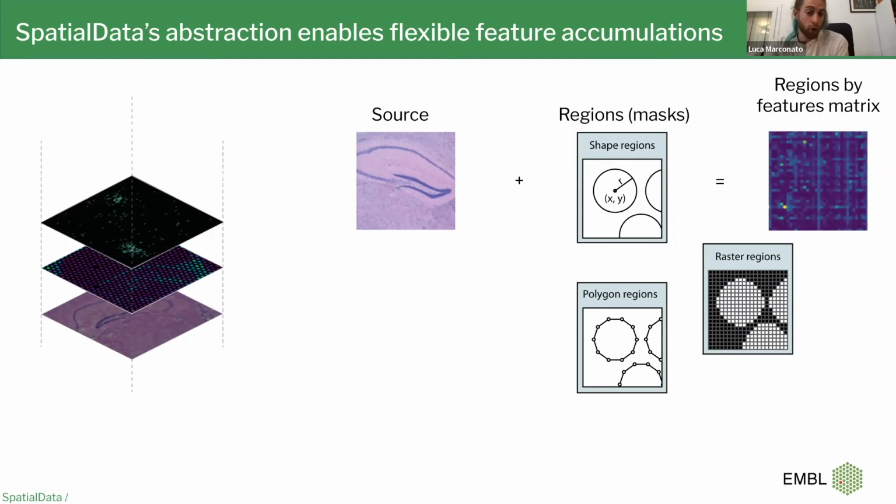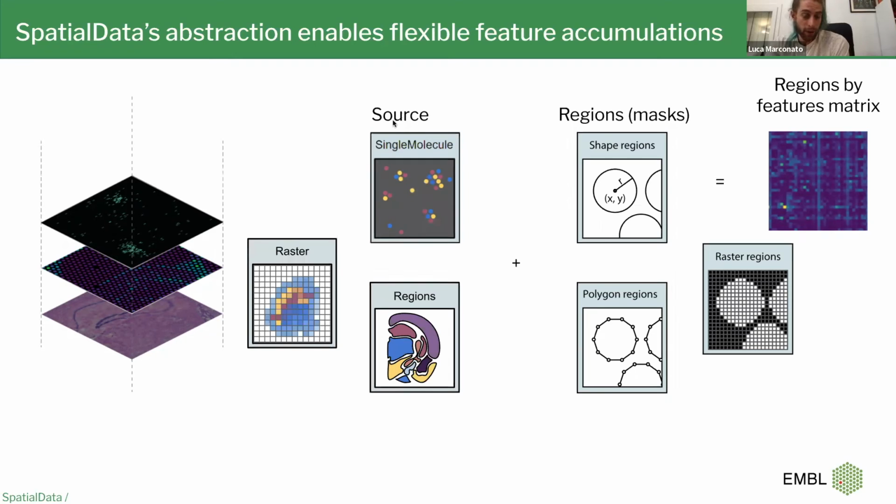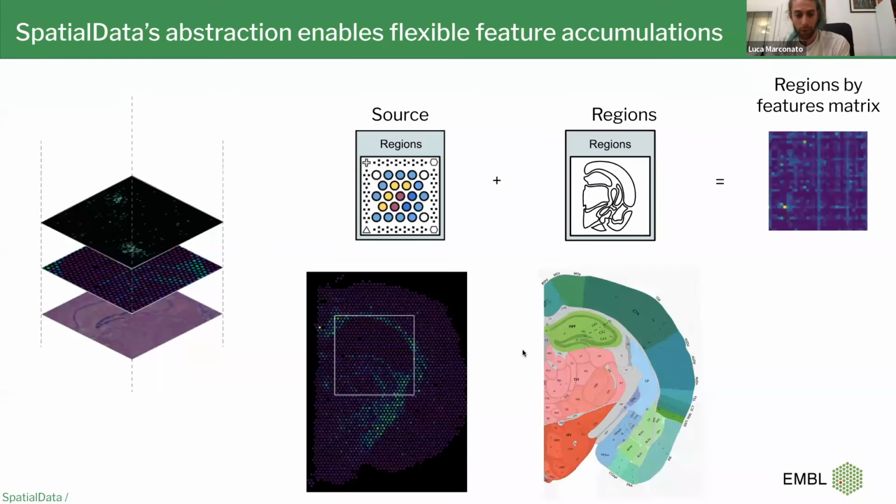And a more complex example is that you can also change the source, and you can use the regions as a source to aggregate into other regions. And I will show an example of what I mean. You can have as a source some Visium regions, some circular spots, and then you can have on the right a description of anatomical regions, larger regions.